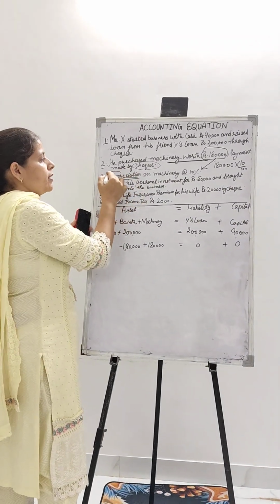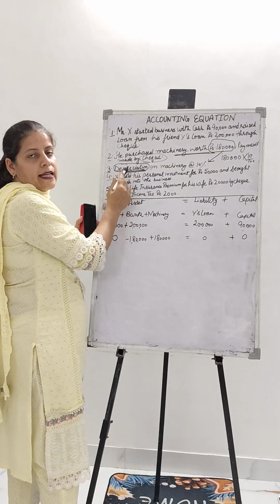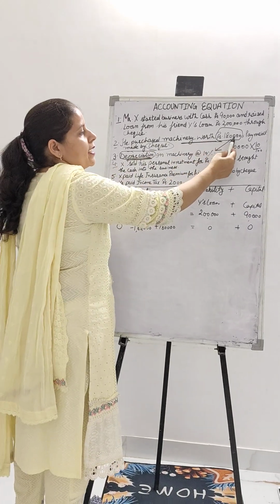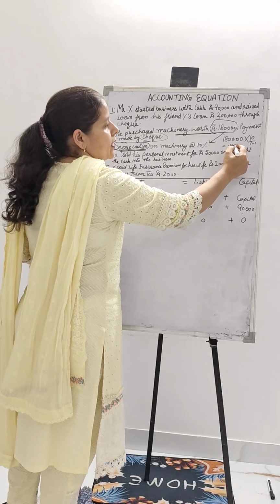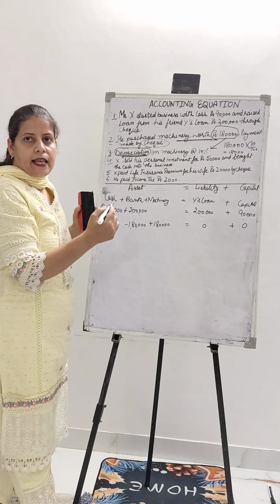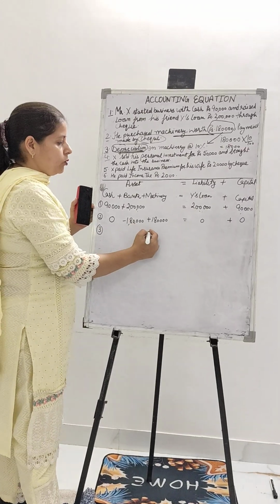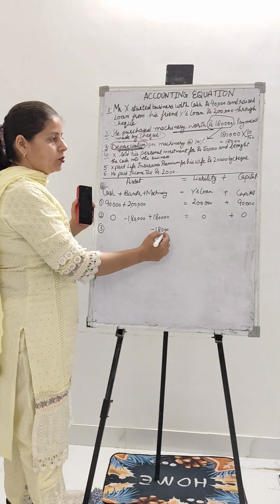When the machinery is purchased, after some time its value reduces, that is known in business as depreciation. Here 1 lakh 80,000, 10% becomes rupees 18,000. So depreciation is not paid to someone, rather it is reducing your asset value by rupees 18,000.